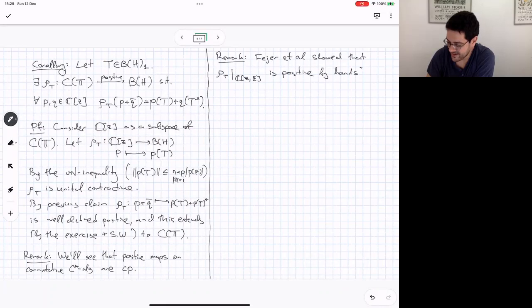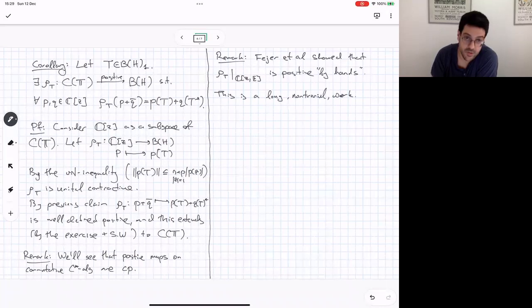I don't know. They checked what positive polynomials look like, and this is nontrivial work. You are able to do it, but it will take you a lot of time.